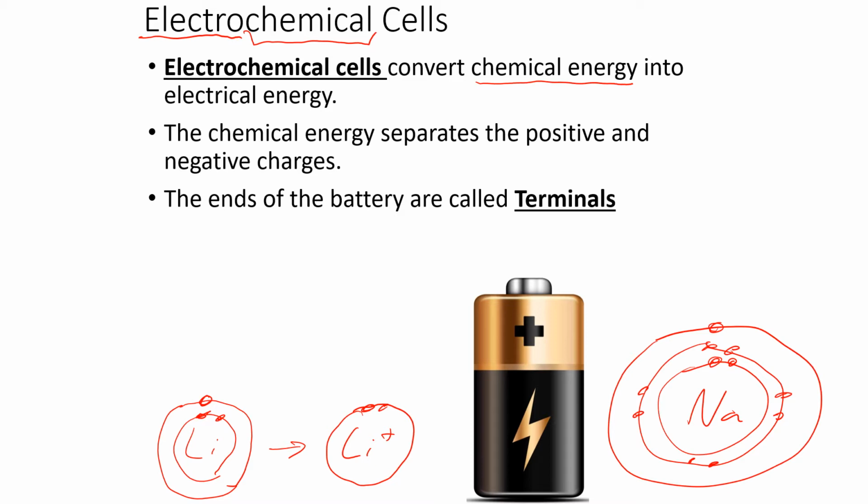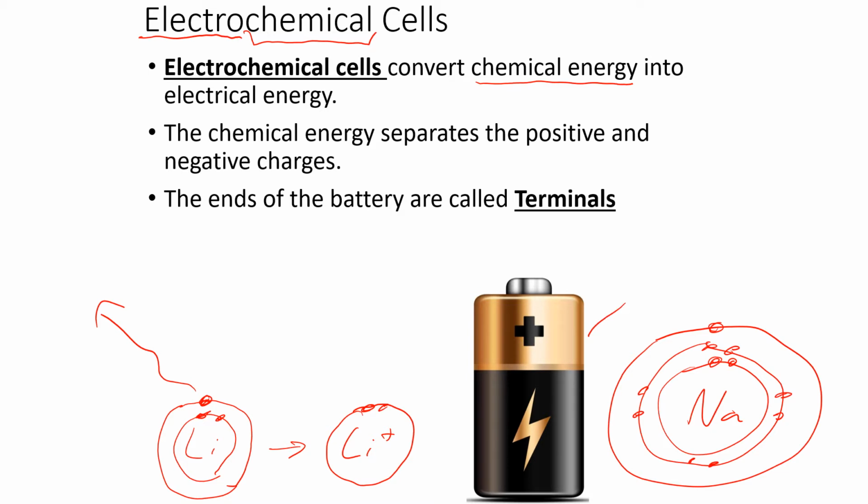But when that 1 electron flies off, if we can harness that energy, and same with sodium, in other words, if we know that electron is going to be leaving, can we get that electron to leave in a very specific direction so that we can harness the energy that's coming from that electron leaving? And that's essentially what electricity is.